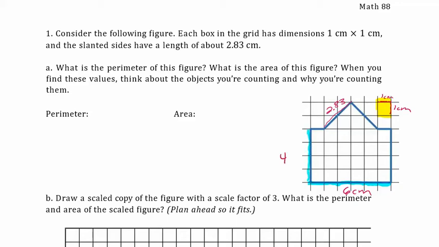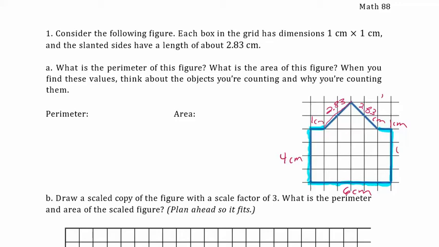Okay, and then we have our 2 slanted sides. Both of those are 2.83 centimeters. This is also 2.83 centimeters. Oh, I forgot one. Do you see it? Right here. That's 1. That's 1, and that's 1. So let's put those down. That's 1 centimeter and 1 centimeter. And then lastly, we have this side over here, which is 4 centimeters.